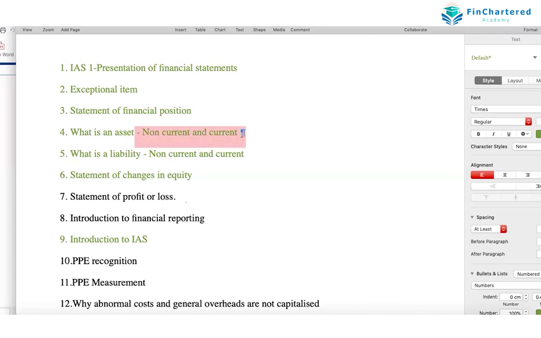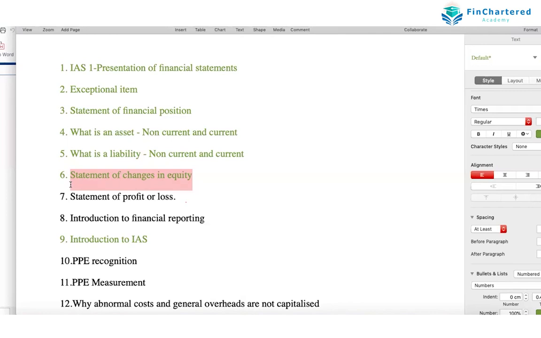Again, there are 2 types of asset: non-current and current. What is a liability? It is an obligation that you owe to somebody. Again, there are 2 types: non-current and current. Then we looked at statement of changes in equity. This is one of the financial statements that answers 4 questions. What are the 4 questions?